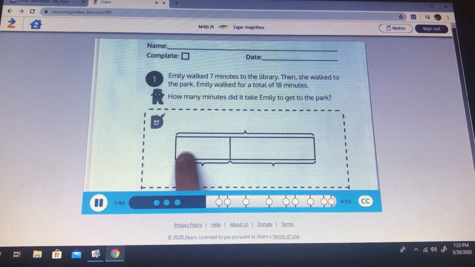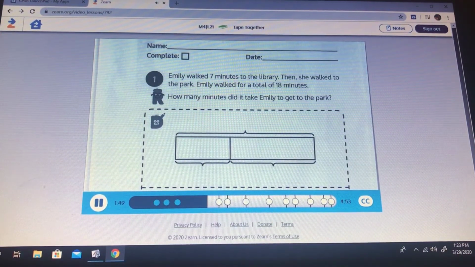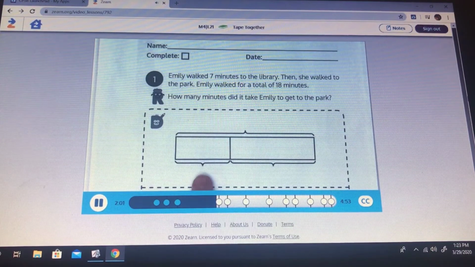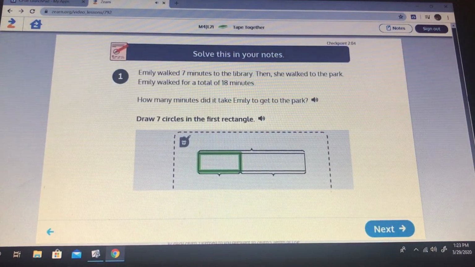Let's start by drawing 7 circles in the first rectangle, 1 for each minute, to show Emily walked 7 minutes to the library. Write 7 above the circles and label the rectangle with an L for library. So, using your Zearn Notes worksheet, draw 7 circles in the first rectangle. Why are we drawing 7 circles?